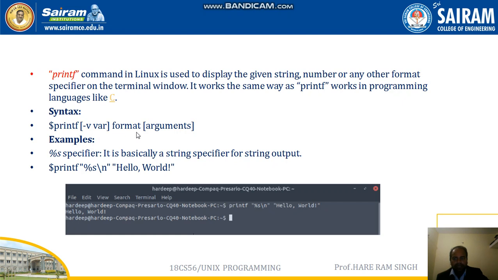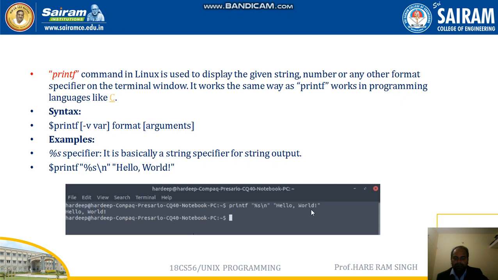Next, the printf command in Linux is used to display the given string, number, or any other format specifier on the terminal window. It works the same way as printf works in a programming language like C. The syntax of printf is printf minus v variable format and arguments. Let us see an example. Percentage s is a specifier, basically a specifier for a string.